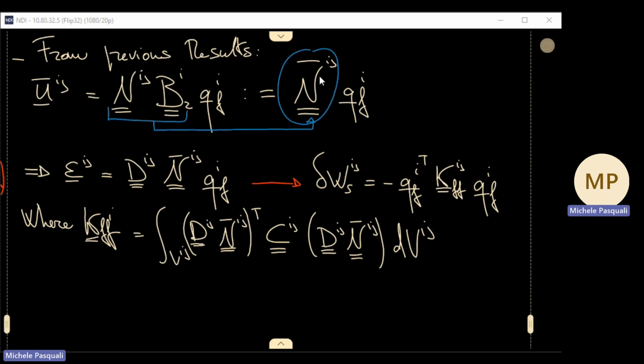Since we're going to have something of this sort, you can prove it by yourself if you don't believe me. Eventually, this K results to be like this, and this is the structural stiffness matrix for the element J.